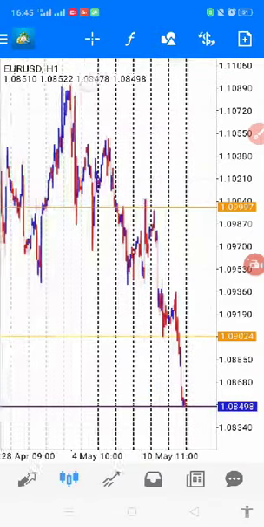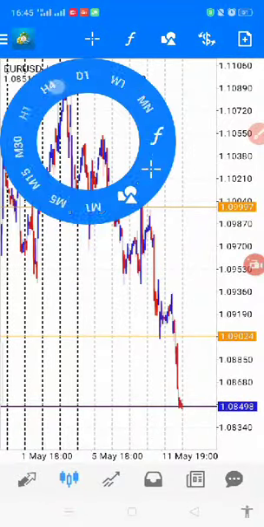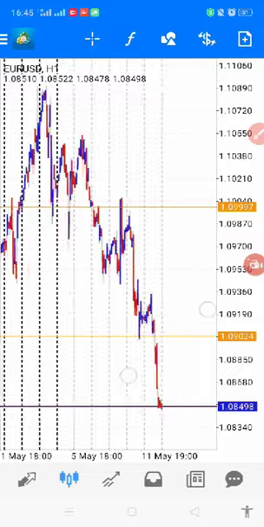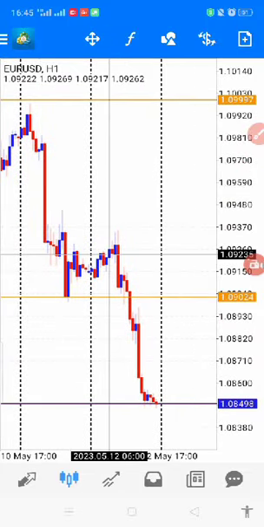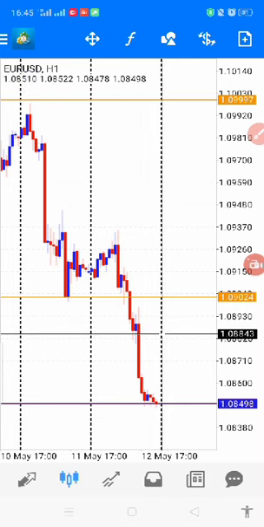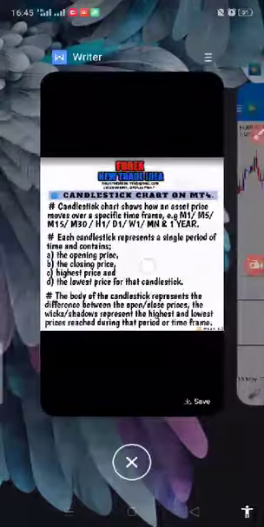It shows you at the top here. Remember, I said this is the open, high, low, and close price of any candle that you choose. So this particular candle, this is the open, this is the high, this is the lowest price, and then this is the closing price. So take note of that.